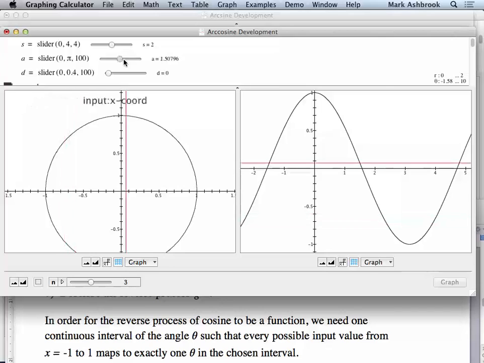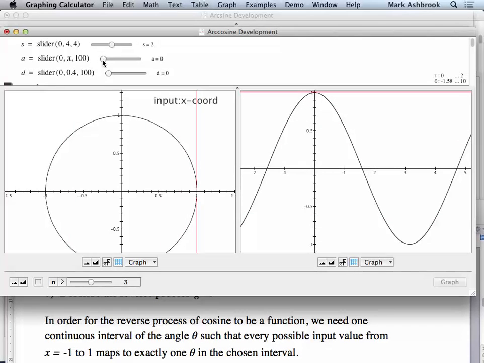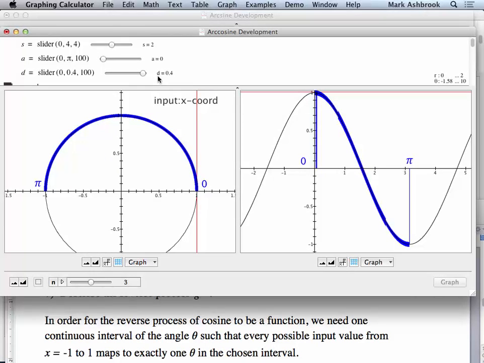And is that consistent with, so for an input of 1, what would we want as a logical choice? If the input was 1 radius length to the right, then we want what angle, logically? 0, okay. So there's our deal for our cosine.